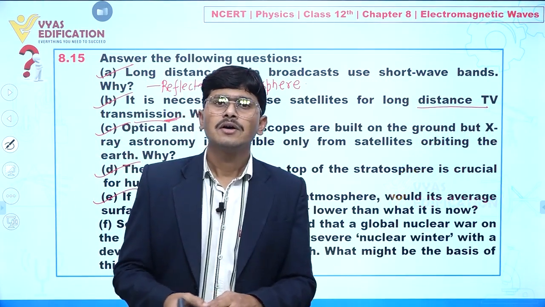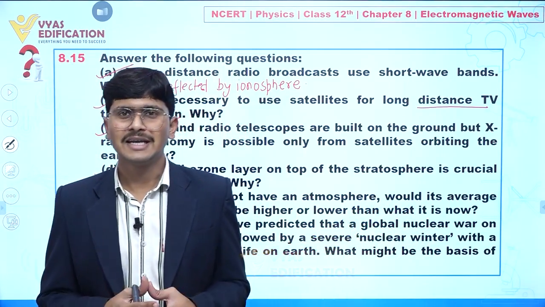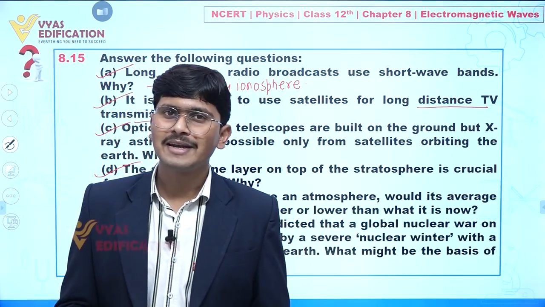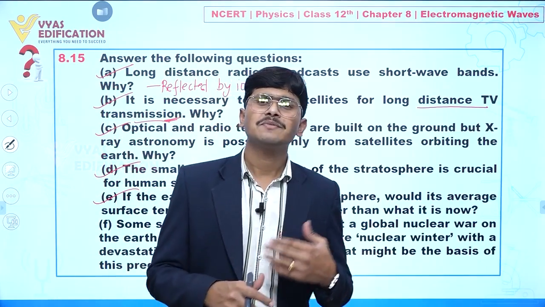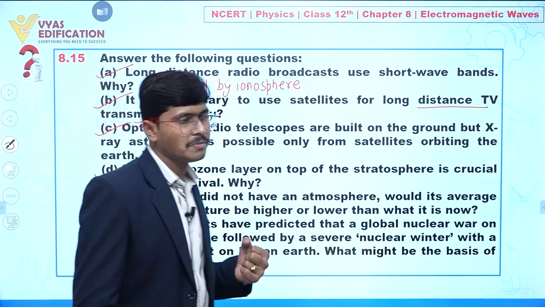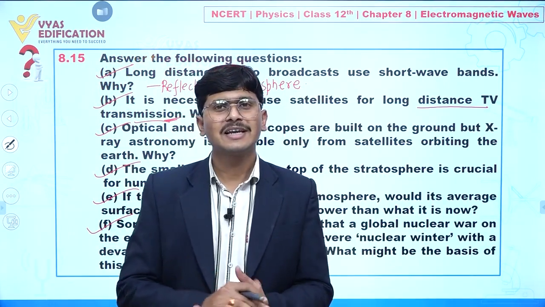So in the maximum part of Earth there is no incoming solar radiation. Whenever the solar radiation does not come, we cannot maintain a particular temperature on our Earth, and definitely it is followed by nuclear winters, clear. So this is the statement given by scientists, clear. So this is all about this question, clear to everyone.